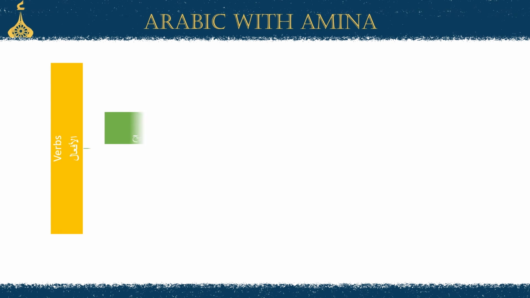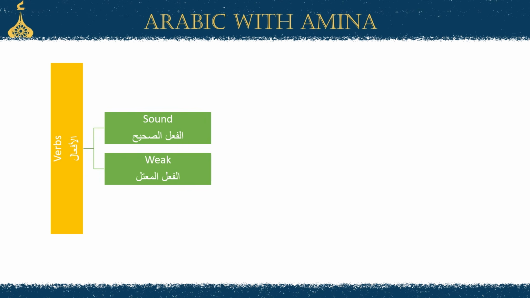Verbs aren't just divided into sound and weak. We can have the weak or irregular verbs, الفعل المعتل, further divided into 4 categories based on where the weak letter appears in the root.